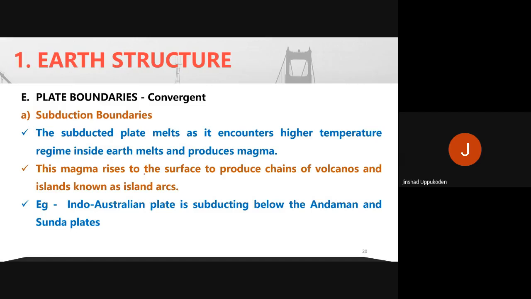So one thing that usually happens is that a chain of volcanoes can be developed, and then if it is an oceanic area, you can get something called island arcs here.